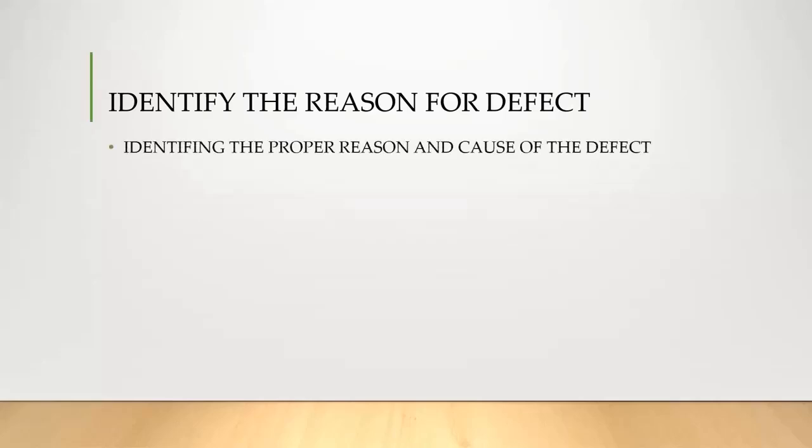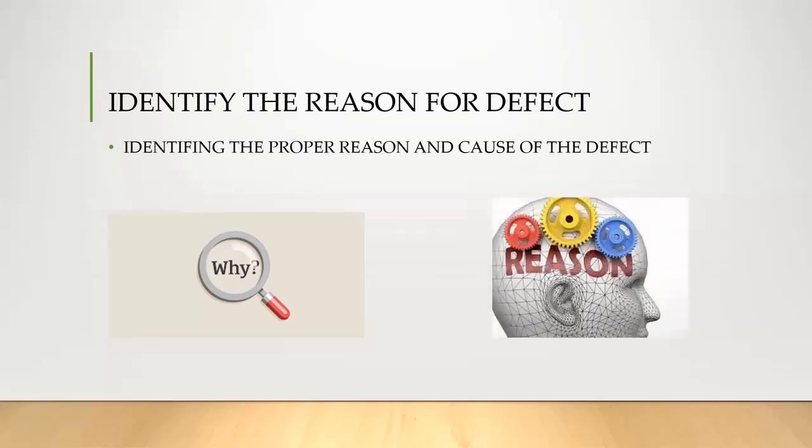Now let us see what is identifying the proper reason and the cause of the defect, and why it is important. So why is this identification necessary, and when this is identified, it must be classified. The defects can be classified also in the inspection.